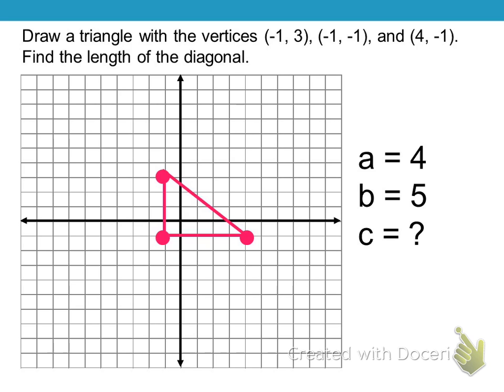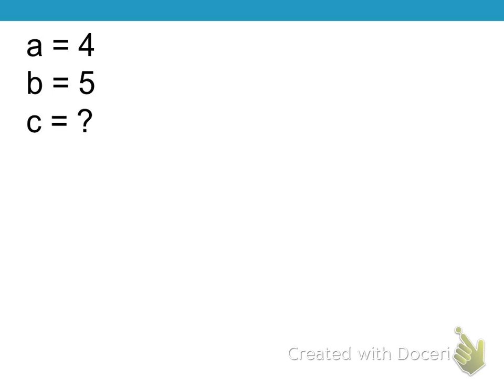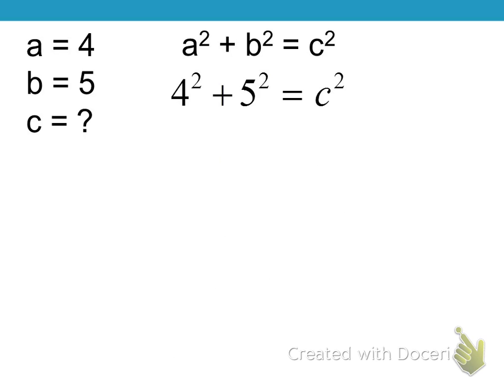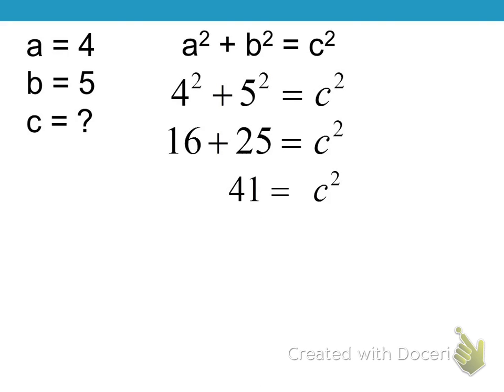But what we can do is the Pythagorean theorem. So we're going to do a squared plus b squared equals c squared. In this case, A is 4, B is 5. We don't know what C is. So 16 plus 25, that does give me 41.